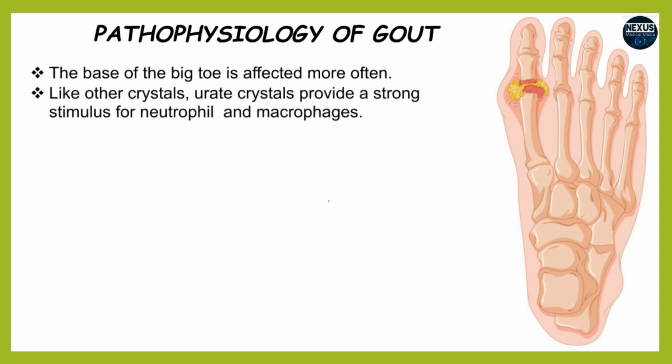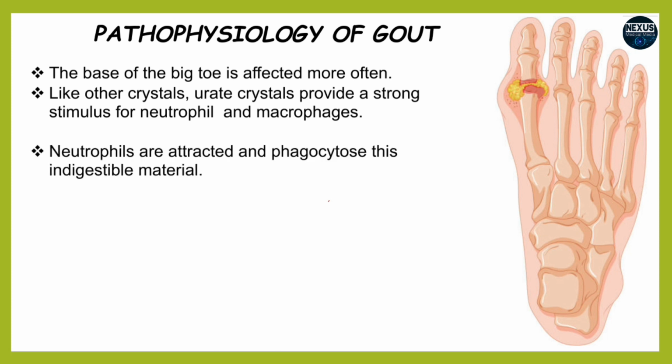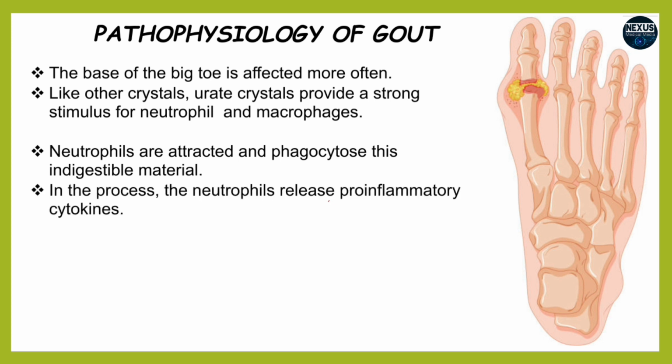Like other crystals, urate crystals provide a strong stimulus for neutrophils and macrophages. The neutrophils are attracted and phagocytose this indigestible material, right? So they are attracted as a process of chemotaxis.